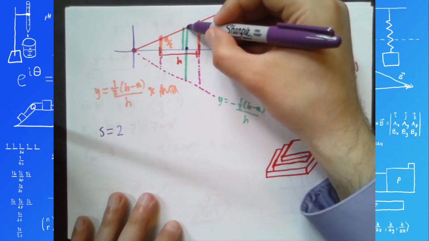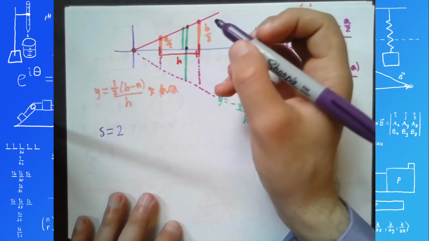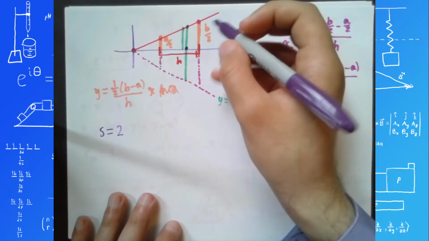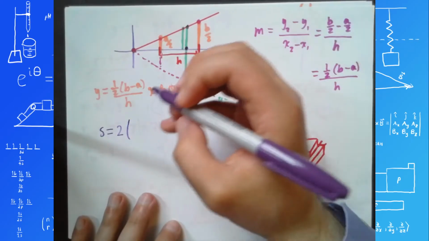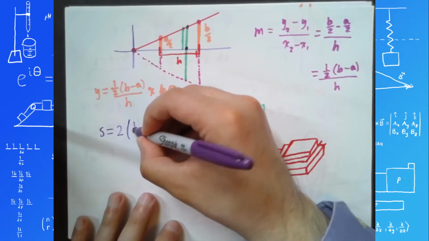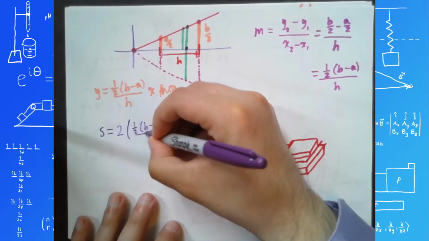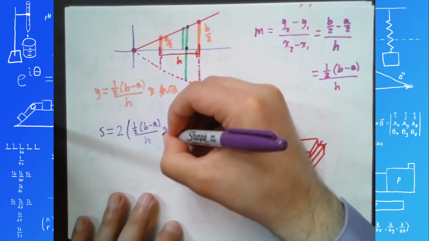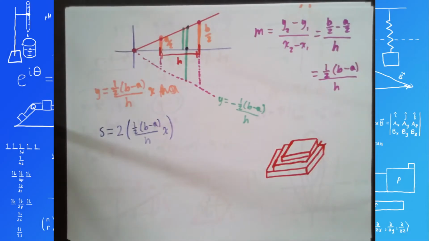That's just y of the curve minus y of the x-axis. That's just y of the curve, or I guess line, since y at the x-axis is 0. So that's 2 times 1/2 (b minus a over h) times x. And that's the side length of each individual square tile.